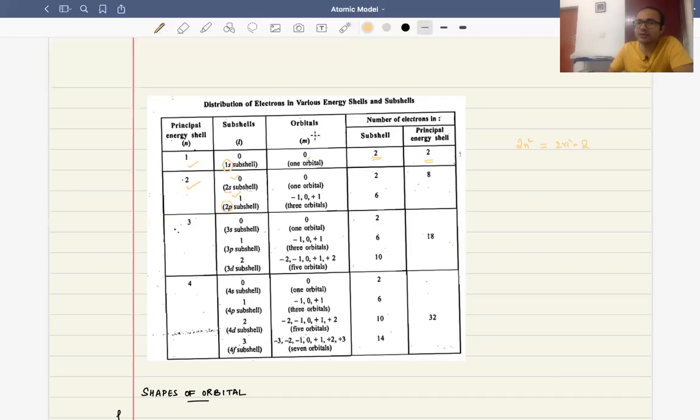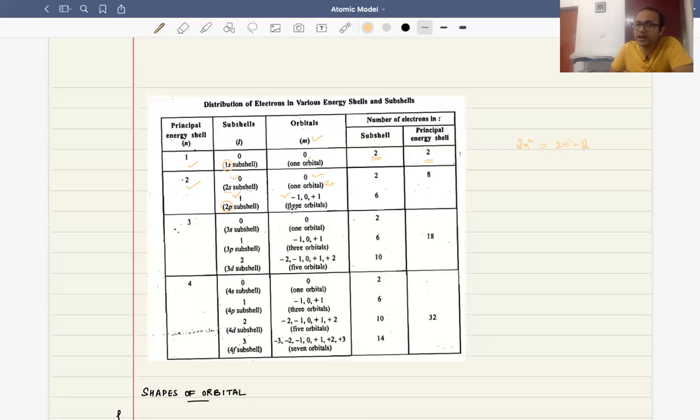Now let us see how many orbitals are possible. That depends upon the m values. When L value is 0, we have only one possibility, so 2s has only one orbital. Let us look into the 2p orbital. When L value is 1, there are three possible combinations, that is -1, 0, and +1.